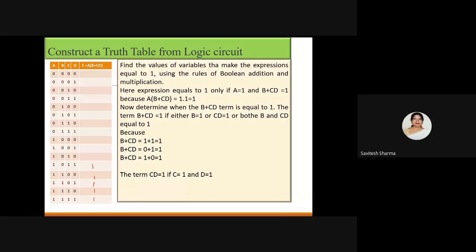So this was my truth table. So this is the final truth table for that given circuit.